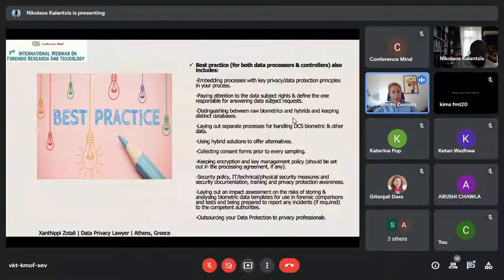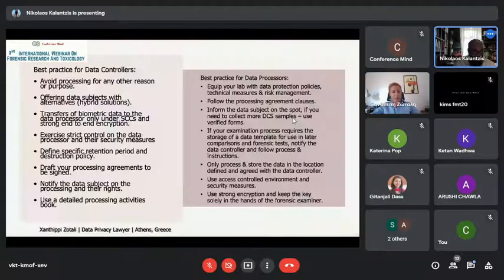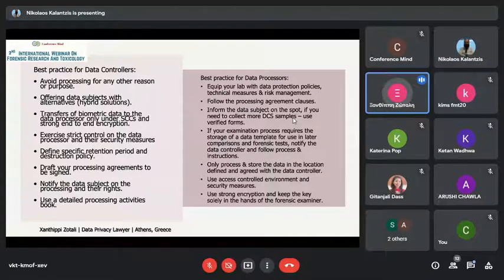This is the reason and the purpose they should use the data for, and keep it encrypted unless something happens. For example, someone disputes this kind of signature or any other reason that will have to do with its forensic examination. So they should offer data subjects alternatives.